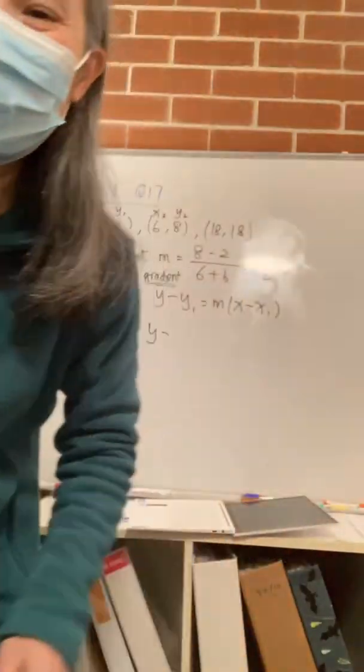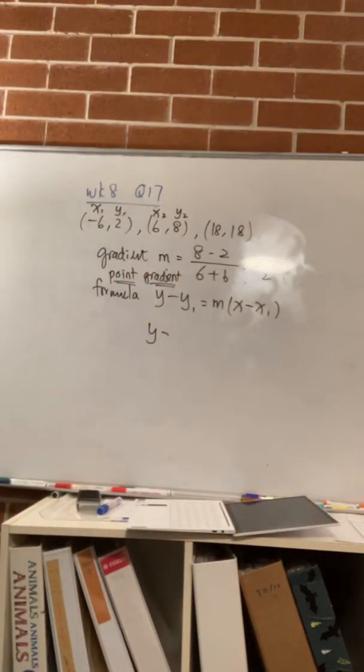For some reason, I can't see you on camera. You can't see me? It's black on your side. Okay, I'll go off and come back again. Give me a sec.